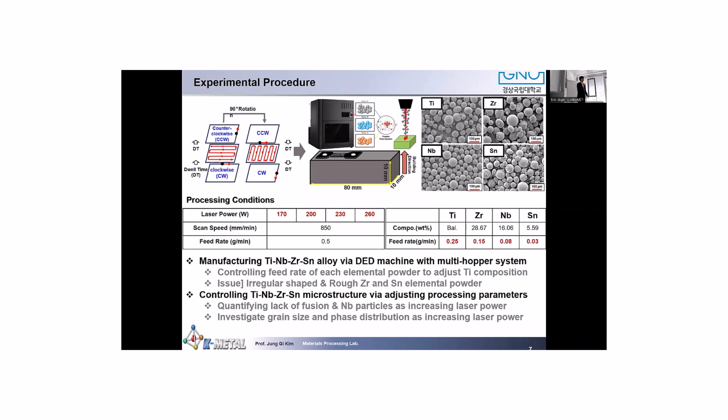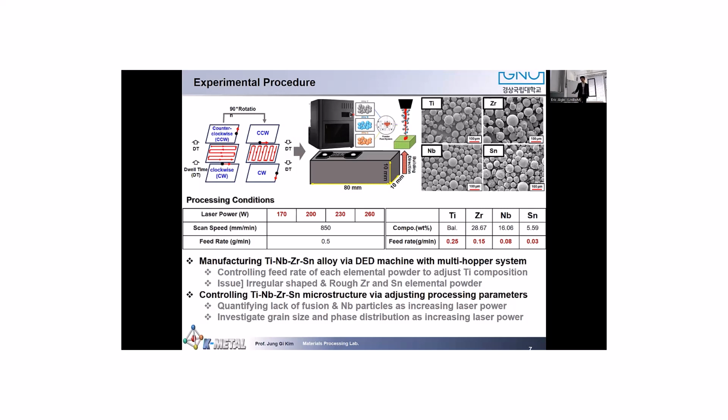I mention this in the EDS result, but this strategy also has a problem. As you can see in the micrographs, the many satellites in the zirconium and tin powders reduce the flowability of the elemental powder, which makes a big gap between the feed rate and what we expected.